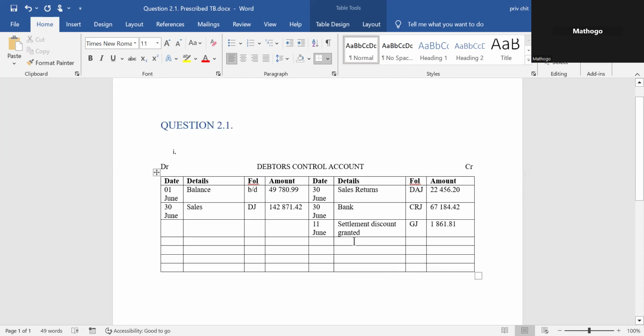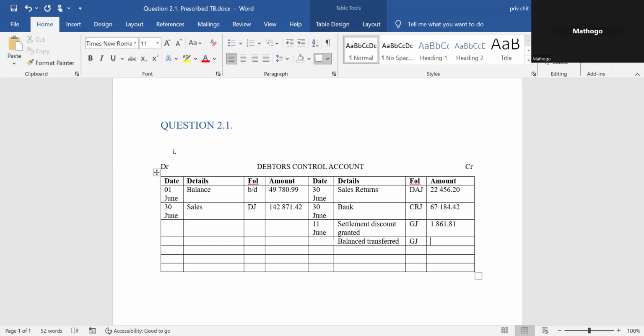So you're going to put it here on the credit side. I'll just call it correction of error. All right, so it's a correction of error or transfer of balance. Let's just put it the way it is: balance transferred, to make it easier. Balance transferred, and it's coming from the general journal.